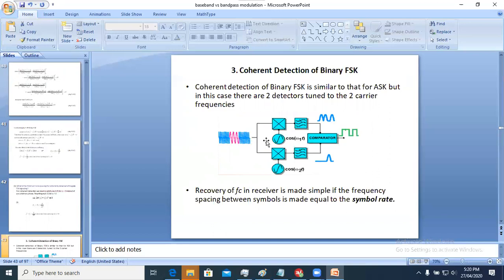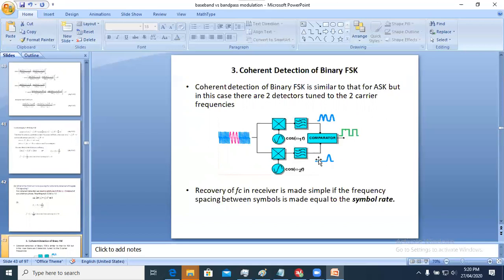But in binary FSK we have two branches. In short, if we have MFSK, we need M branches, because these are orthogonal frequencies, and we use as many branches as we have the number of symbols in the communication.